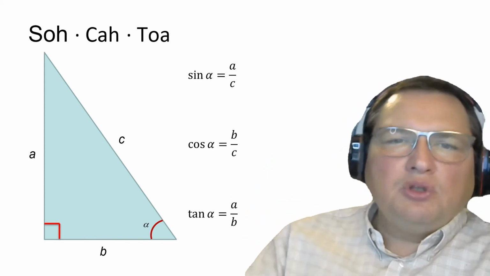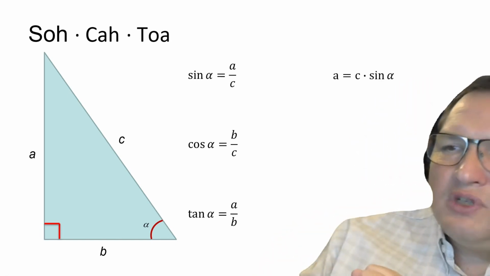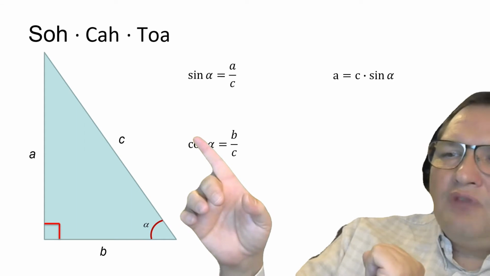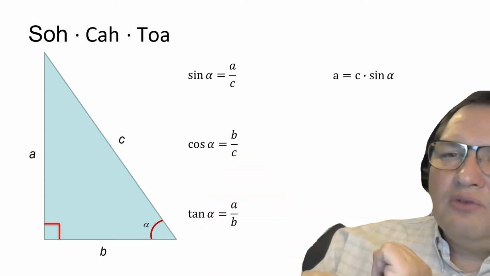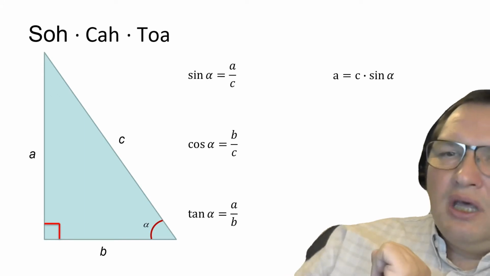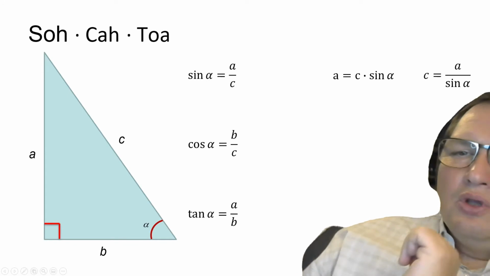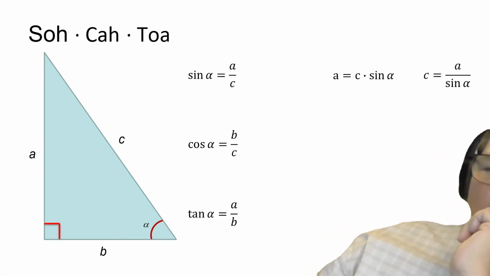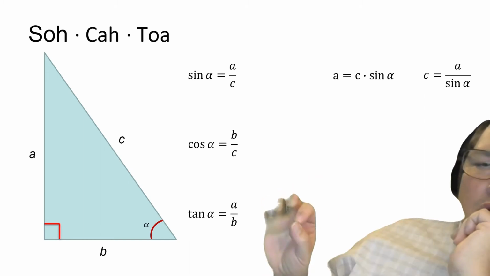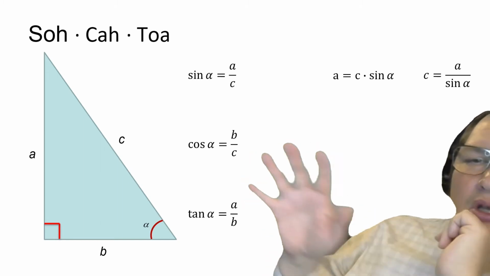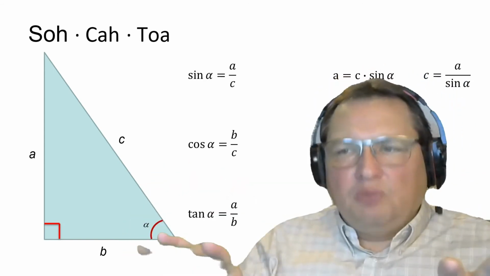So, for example, you can know the value of the C, the hypotenuse, and the value of sine alpha, and this will allow you to find the value of the opposite edge A. Or you know the A, the opposite edge, you know the sine alpha, and you need to find the hypotenuse. So this is a kind of quite essential transformations of the basic formula.